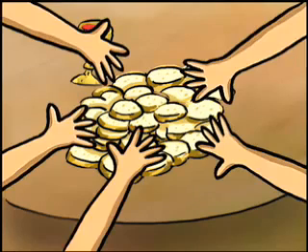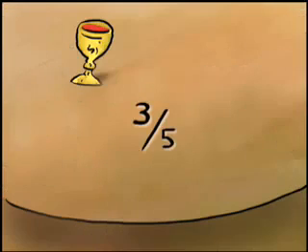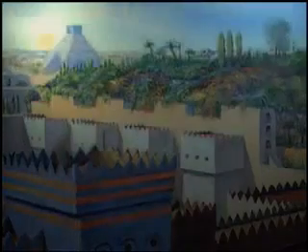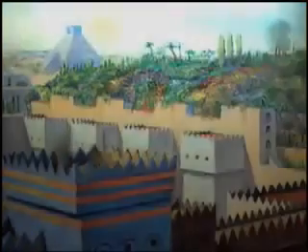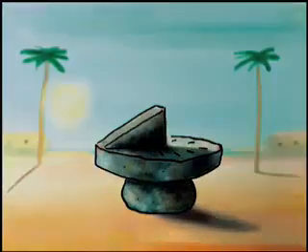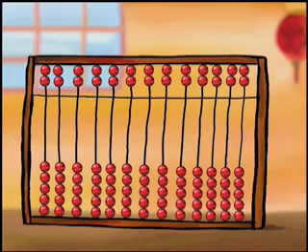Today, we would represent this sharing with the fraction 3/5. 3/5 of a loaf for each person, or 3 loaves divided by 5 people. The Sumerians and early Babylonians invented a number system of fractions based on 60 that we still use 4,000 years later. Our days have 60-minute hours and 60-second minutes, and our circles encompass 360 degrees. Chinese societies used an abacus with a system based on 10s, although it had no 0.